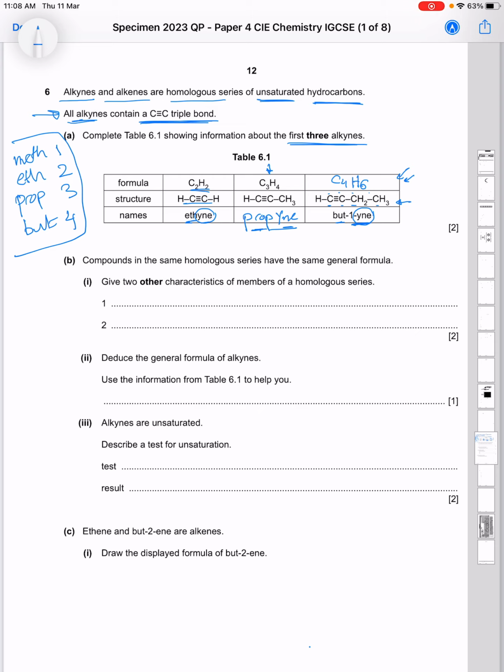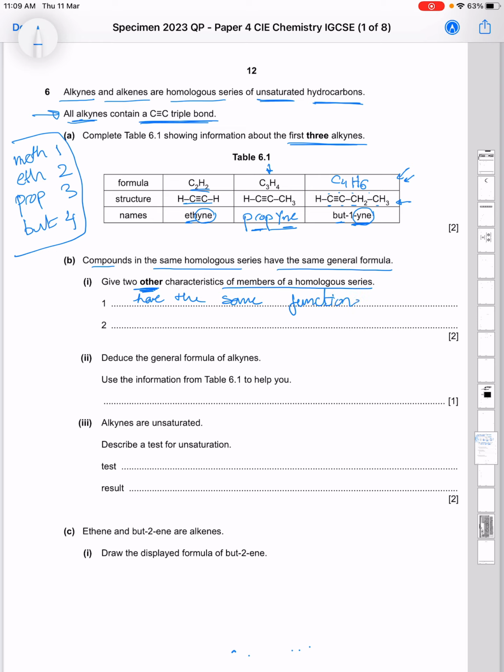Let's move to B. And B is asking you to give 2 other characteristics of a member of a homologous series. Compounds in the same homologous series have the same general formula. Now, a homologous series is kind of the same family group, and those members would have not only the same general formula, but they also have the same functional group.